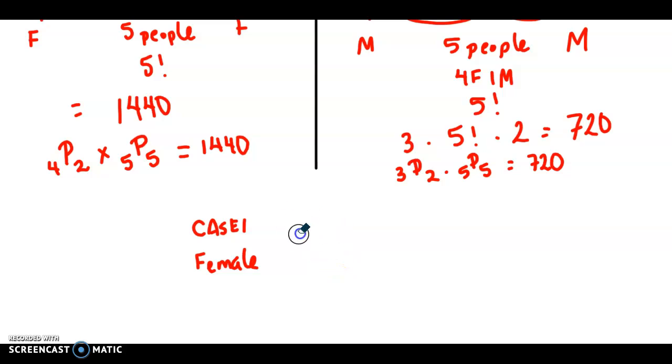It's not and. We can either have a female at the end of each row, or we can have case 2, where there is a male at the end of each row.